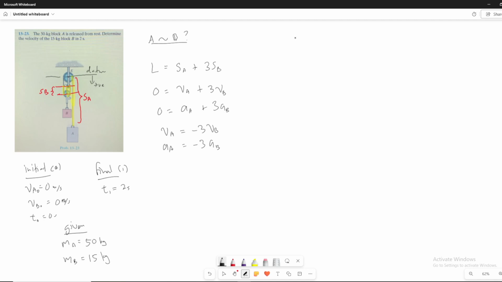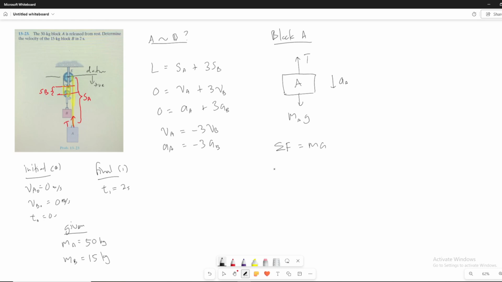Now we look at block A. We have MAG, and the tension is T. Let's assume that the tension of the rope that pulls A is T. If we assume this is the positive direction, we get the sum of F equals MA.